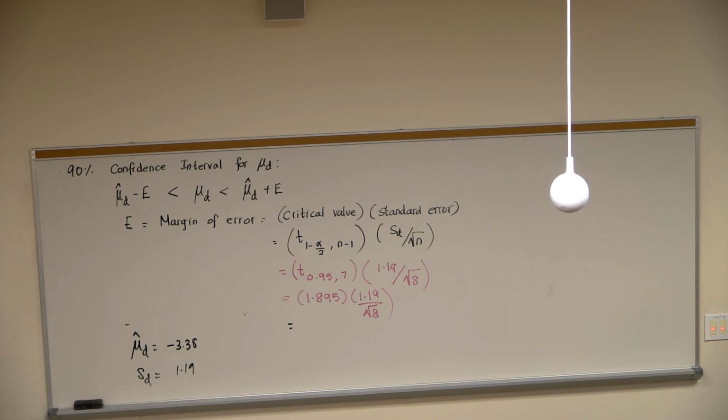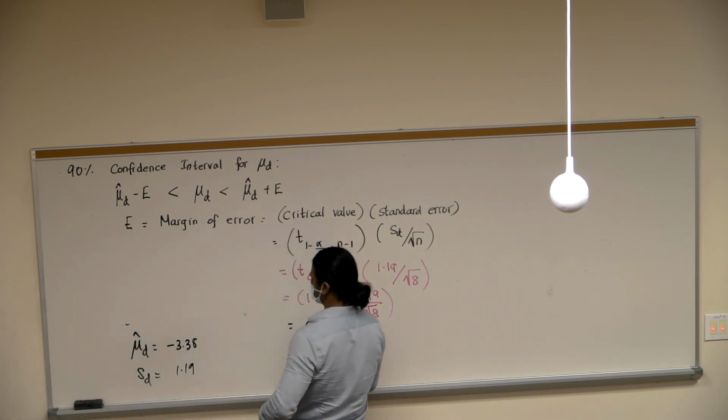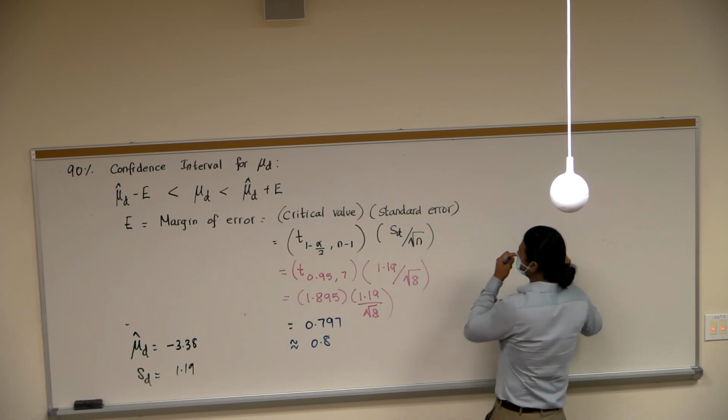Let me know once you compute the value. So we have the margin of error, which is 0.8. We've got mu hat d, which is negative 3.38.